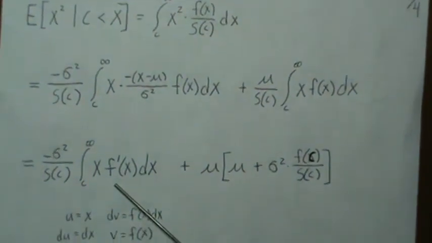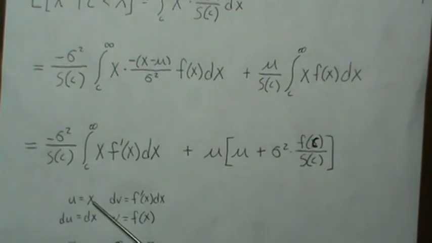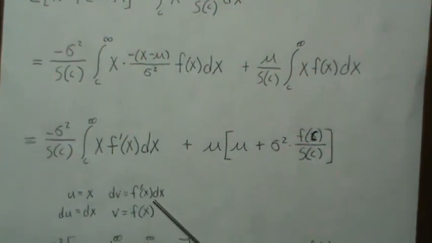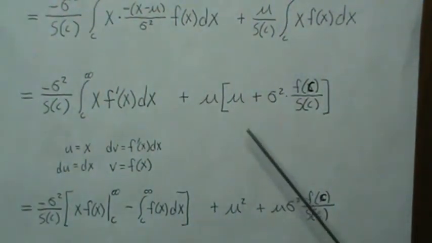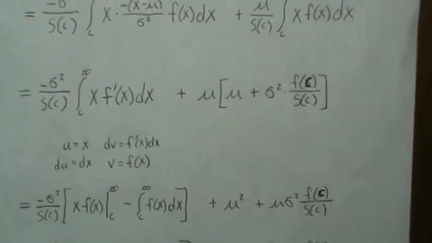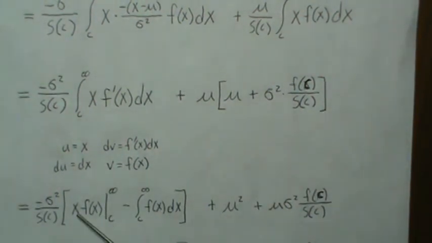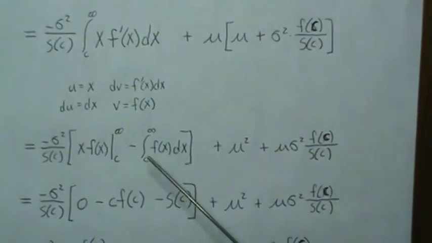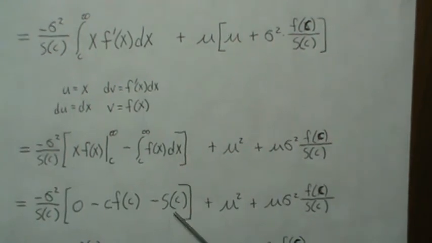Well, here we're going to use the u dv substitution, integration by parts. Let u be x and dv be f prime of x. And then we get this. And then we multiply that in to get this, and we evaluate it here, and evaluating this at infinity, it goes to 0, and then it's minus evaluated at c, and this here is just capital S of c.